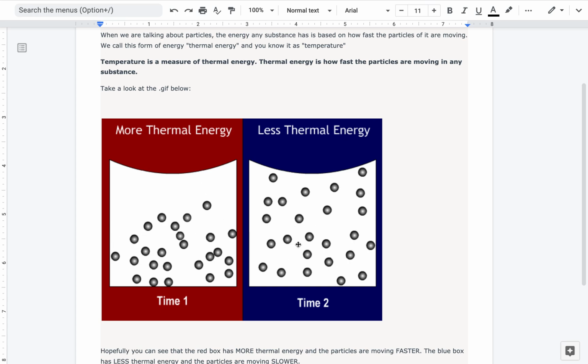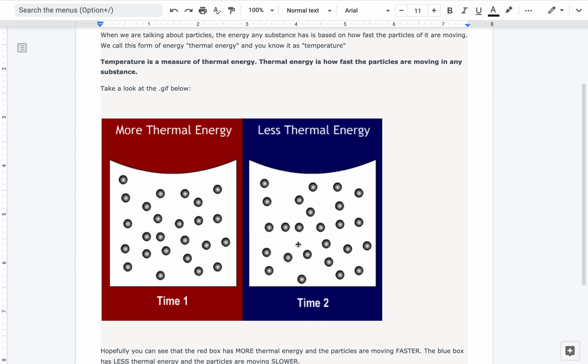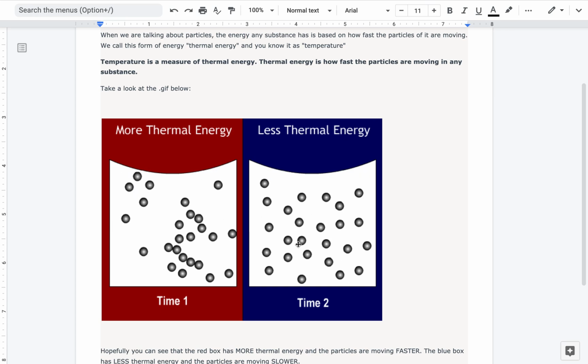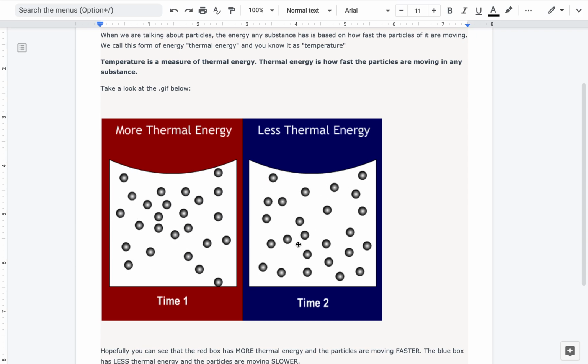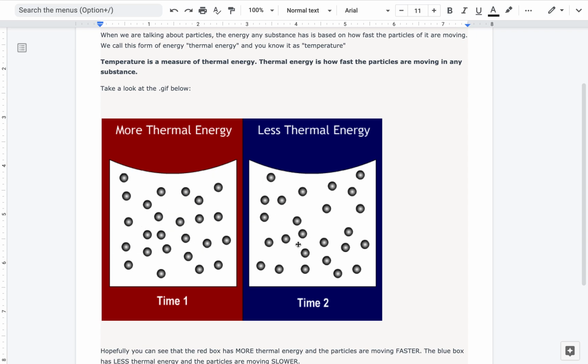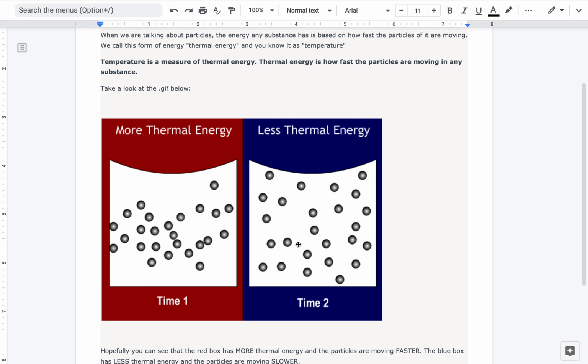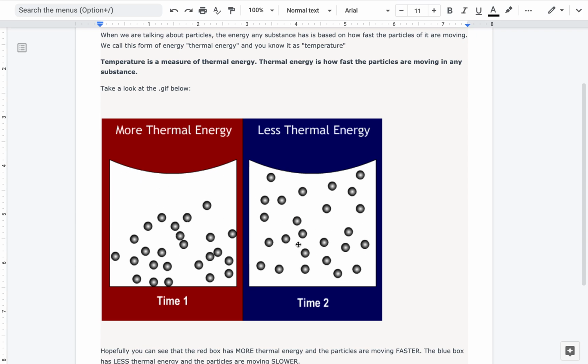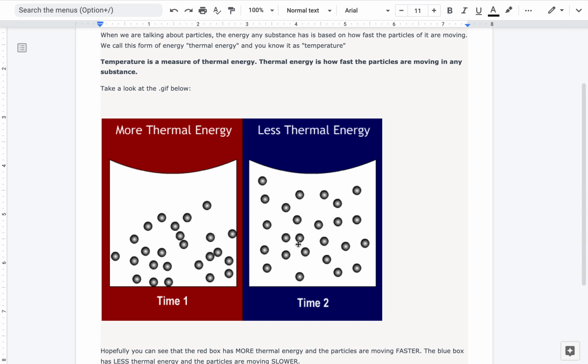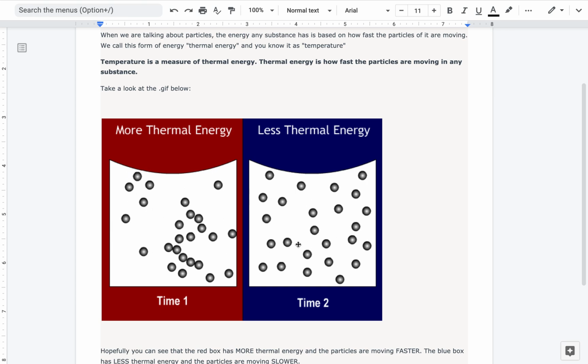After that phase change from solid to liquid, we increase the thermal energy and the movement of those molecules. And just like a liquid, the same thing happens. We increase the temperature, the molecules move around faster and faster, until eventually they have enough energy to become a gas.